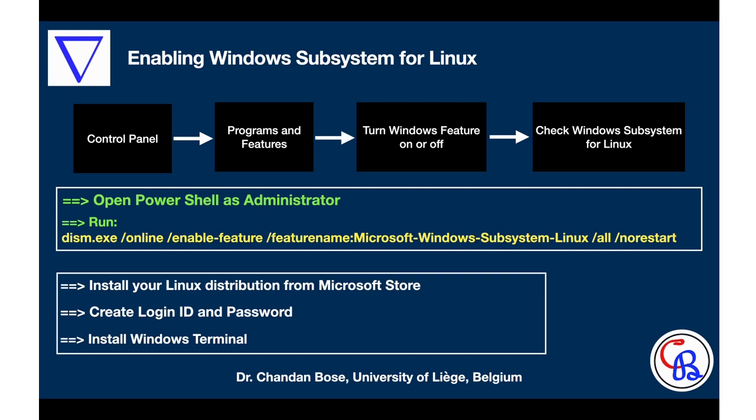You can install Windows Terminal from the Microsoft Store. Otherwise, you can directly work with the Ubuntu terminal or Windows command prompt or PowerShell. Okay, so you need one particular terminal to work in the Windows subsystem for Linux.